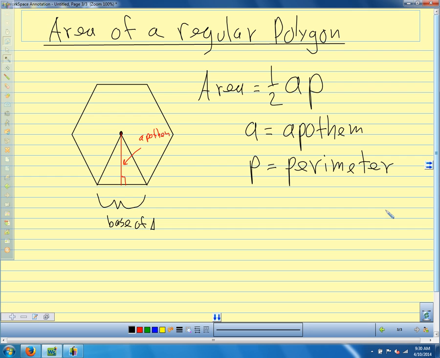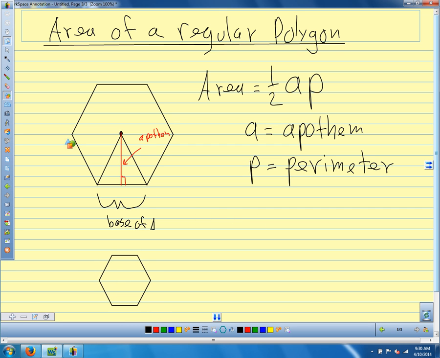And P is the perimeter. What I would suggest is that where it says regular polygon, you sketch a little polygon inside the circle, and label your apothem, even if you just say A, so you know what the apothem of your polygon is.